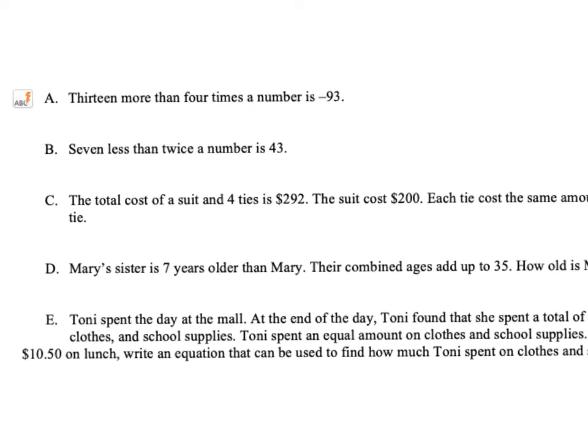It says 13 more than 4 times a number is negative 93. Now, when we are solving these, we want to circle the is and understand that that means equals. So everything on the left of our equal sign equals negative 93.